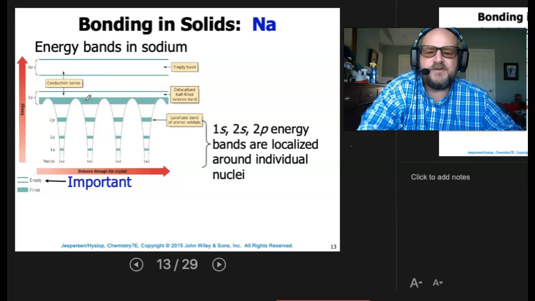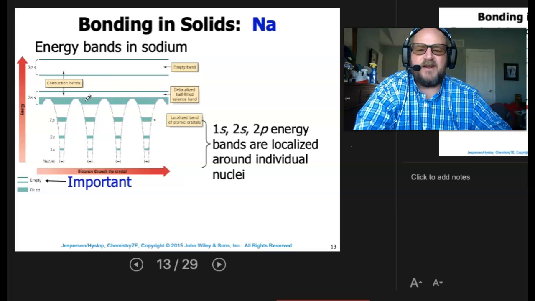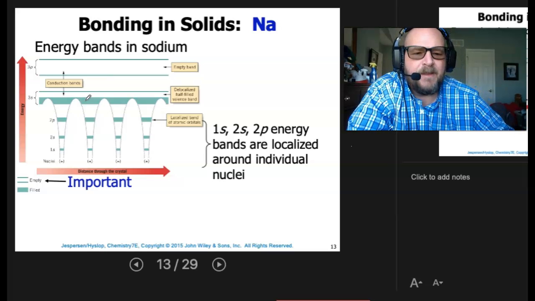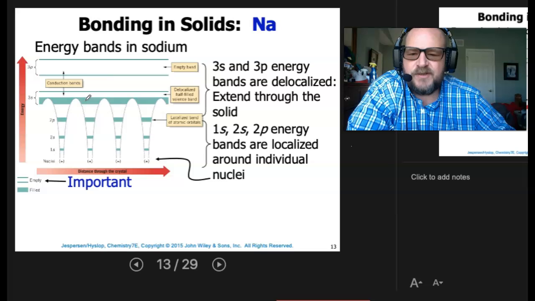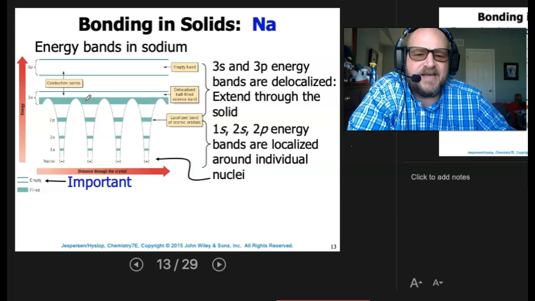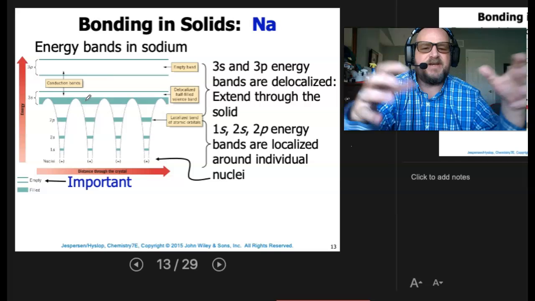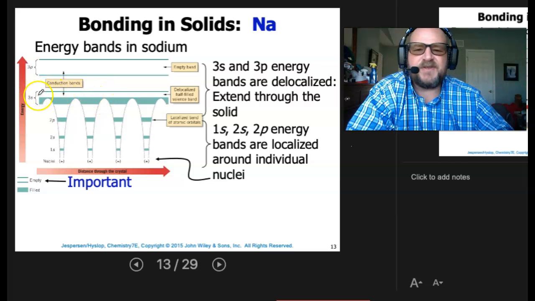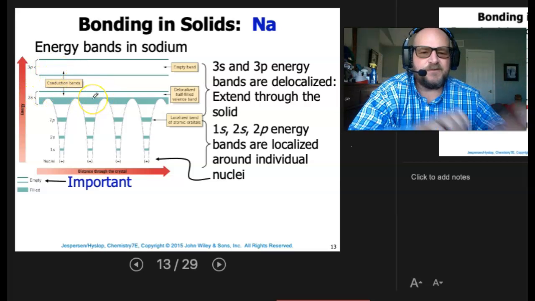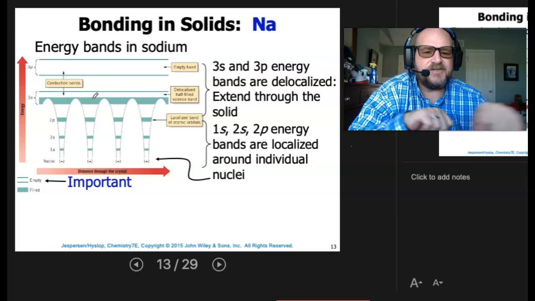So the 1s, 2s, 2p energy bands are localized around individual nuclei. Okay, there's your nuclei there. Now your 3s and your 3p energy bands are delocalized and will extend throughout the solid. In other words, all the little atoms are hitting each other, and it's the 3s and 3p energy levels that are actually the ones touching each other.